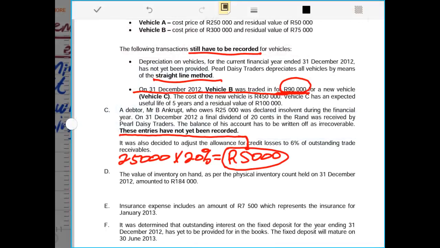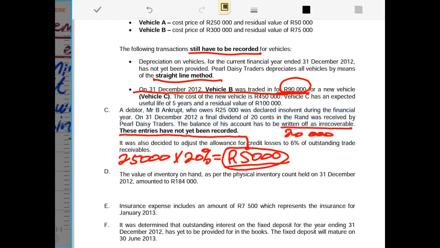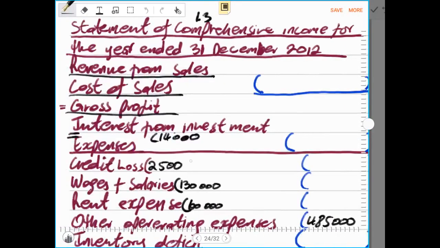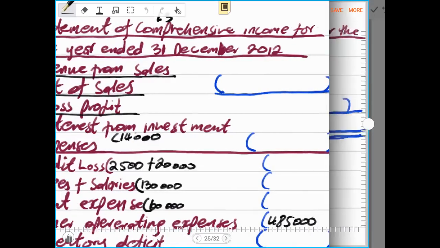Remember, if 5,000 was received and the rest of the balance must be written off as irrecoverable, it means 20,000 is a bad debt. Therefore, now bad debts are expenses. Then the 20,000 must be recorded in the income statement under our bad debts. We say plus 20,000 rands.